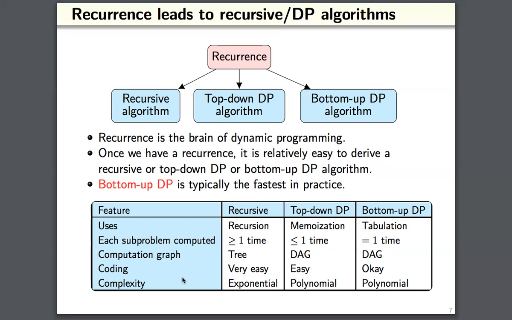Okay. Next, coding. Okay, leave this. Let's go to complexity. Recursive algorithms typically are exponential time algorithms. But DP, whether it is top down or bottom up, is polynomial time, because both of these variants will not recompute.